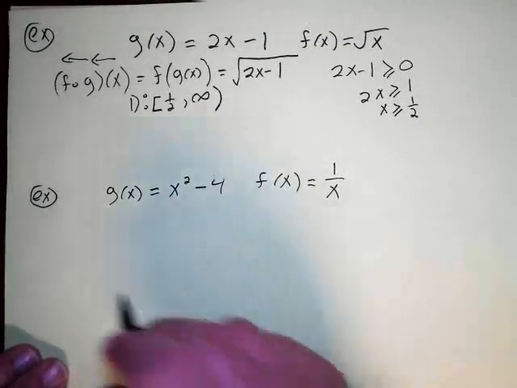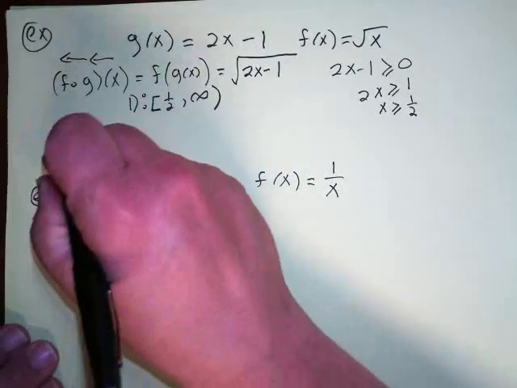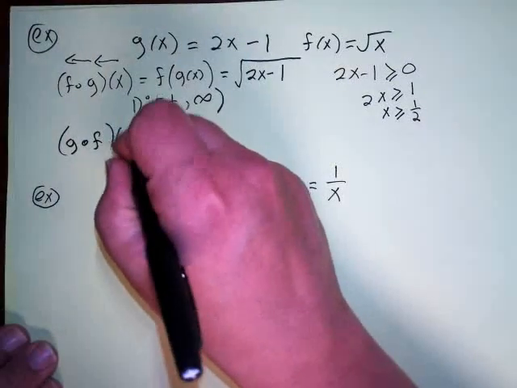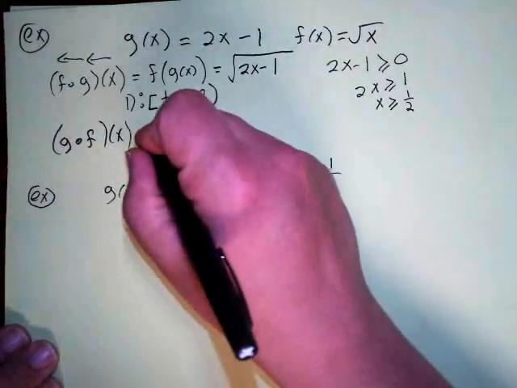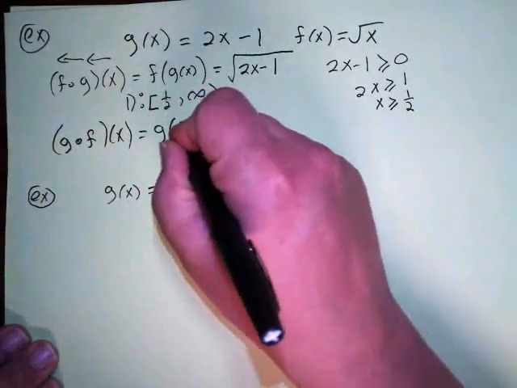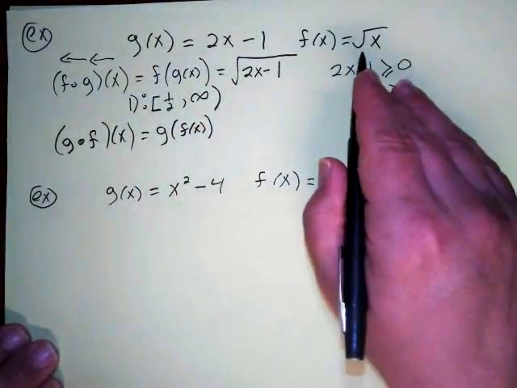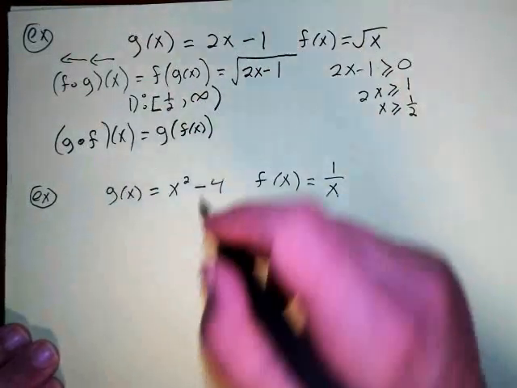Now we can compose it the other way. I could do g of f of x. This just means put f of x inside g of x. So now the inside function is f of x, and the outside function is g of x.